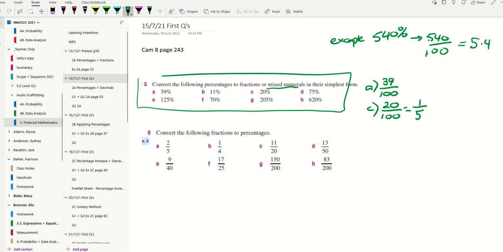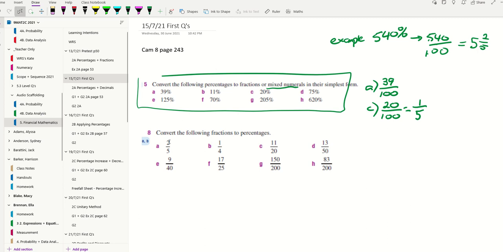I'm just going to check that in my calculator as well. 540 fraction over 100 gives me 5 2/5, and it has asked me to give them as a fraction in its simplest form, so that's what I should have done. So it's going to be 5 2 on 5 is my answer. Your calculator will do that for you. Okay, that's the first lot.